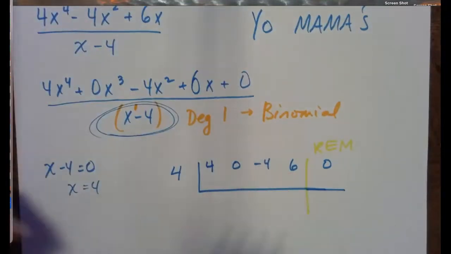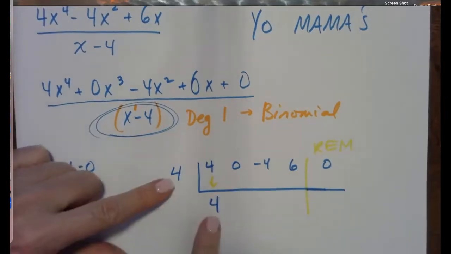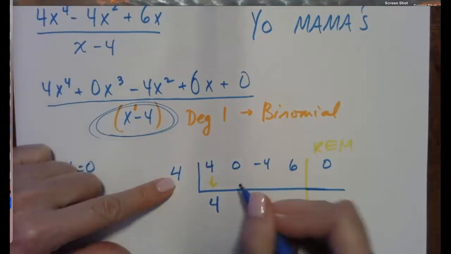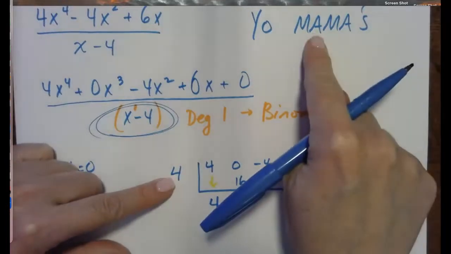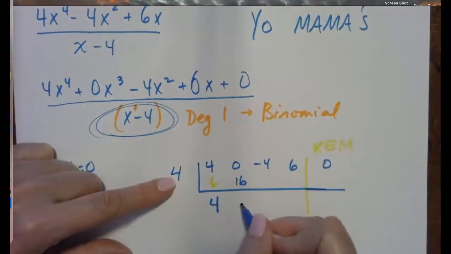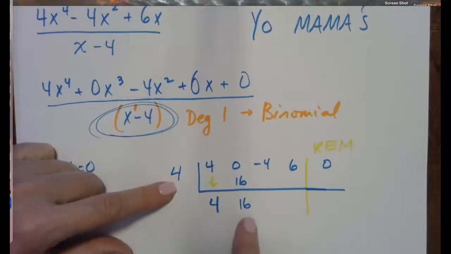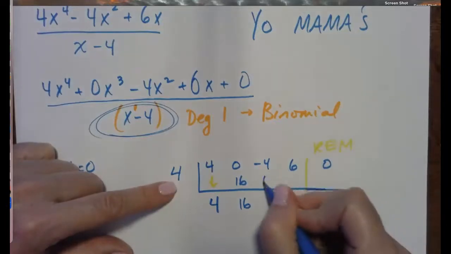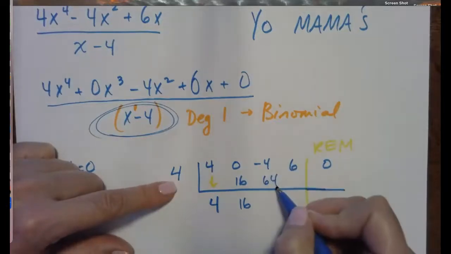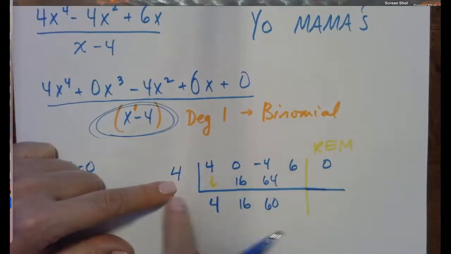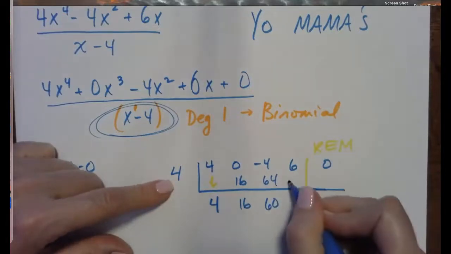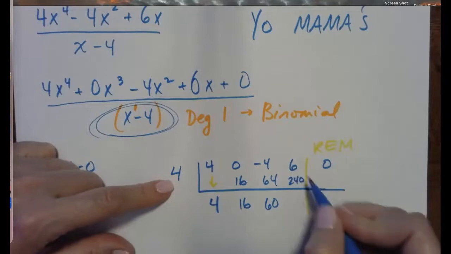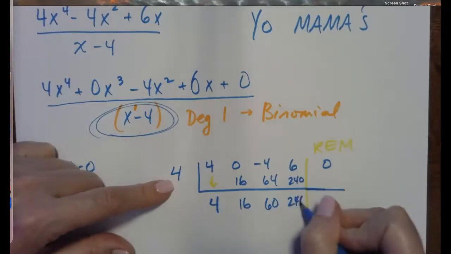The first thing we have to do is bring down the 4, and then we multiply. 4 times 4 is 16, and then we add. 0 plus 16 is 16. 4 times 16 is 64. -4 plus 64 is 60. 4 times 60 is 240. 6 plus 240 is 246.